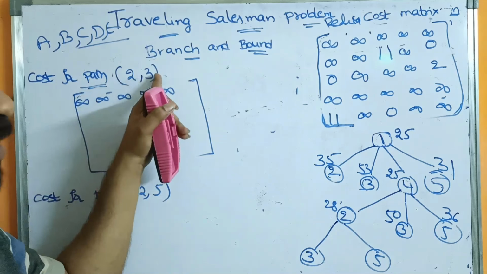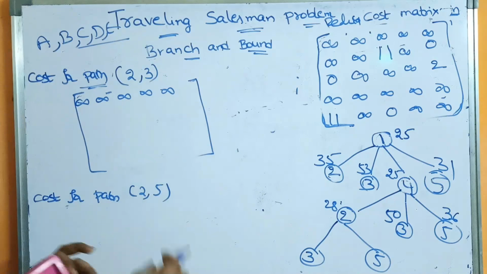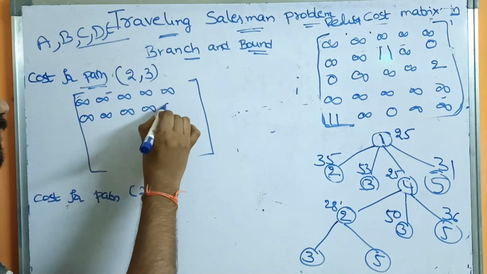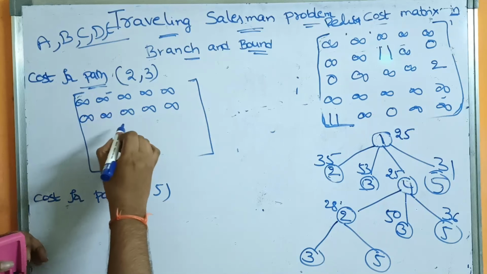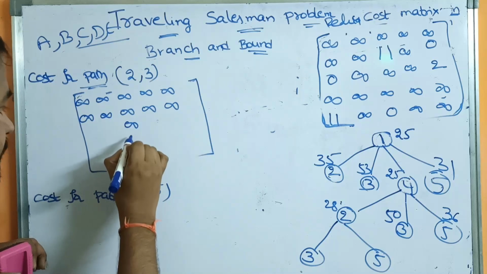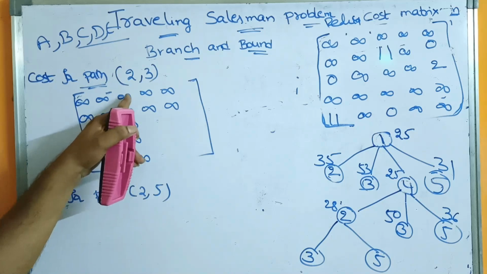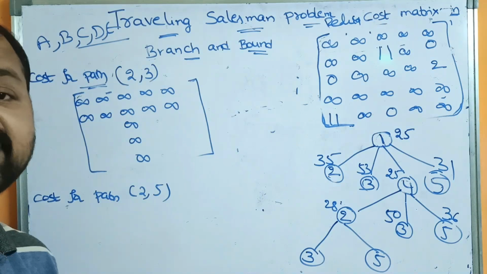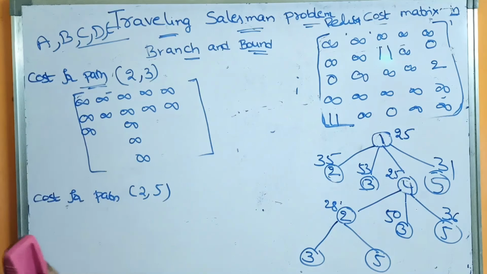Next, 2 comma 3 means all the entries of the second row are to be changed to infinity. Next, 3 means all the entries of the third column are to be changed to infinity. Next, j comma 1 is changed to infinity. Here j means 3, so 3 comma 1 is changed to infinity.